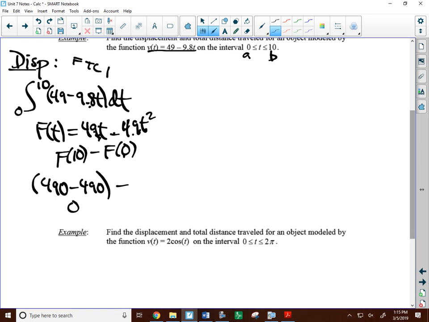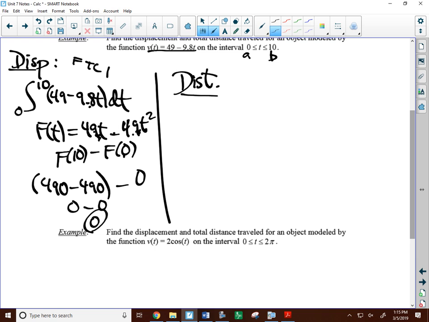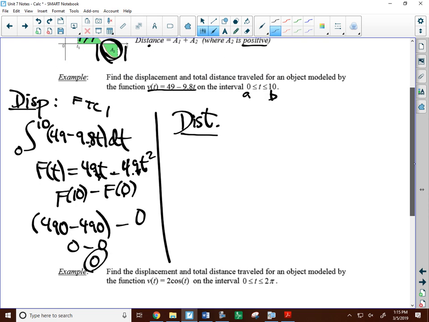This is going to be an easy one, 0 and 0. So we get 0 minus 0, which is 0. Here's our displacement. Not always going to be 0, but for this one, it did end up being that. Okay, now here's what we need to do for distance.